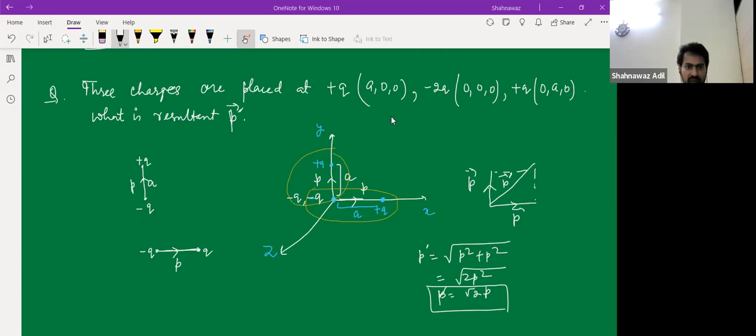You want to note down this part. Please note it down and then we will do one more.